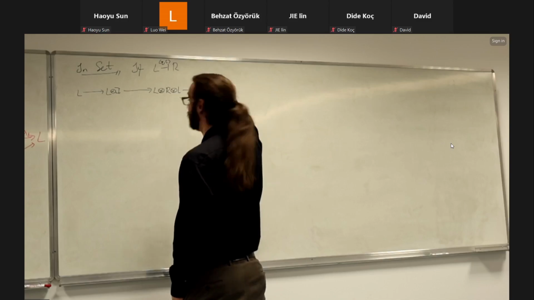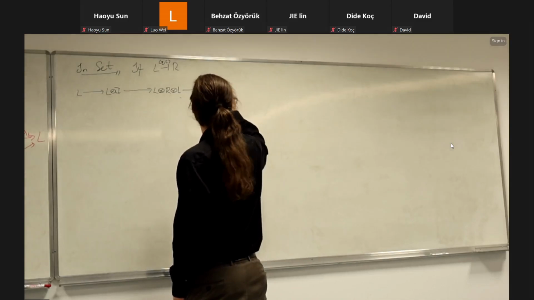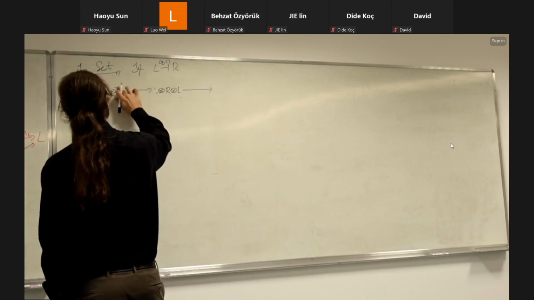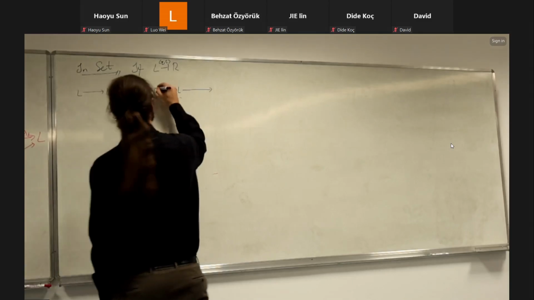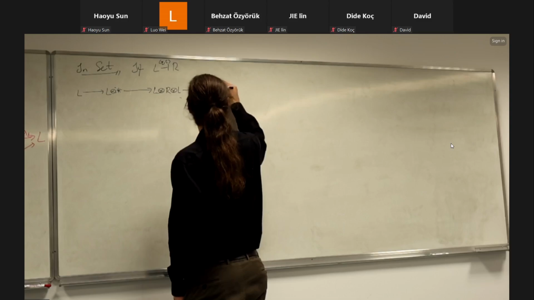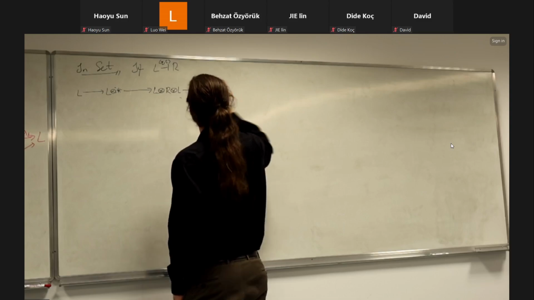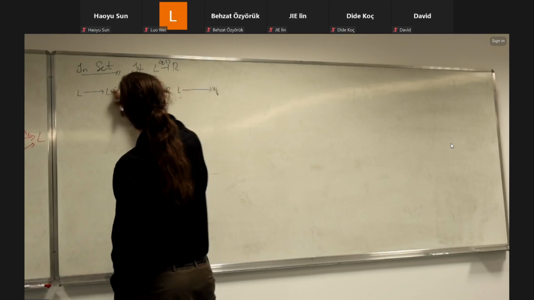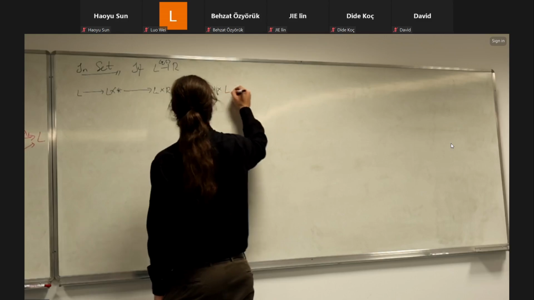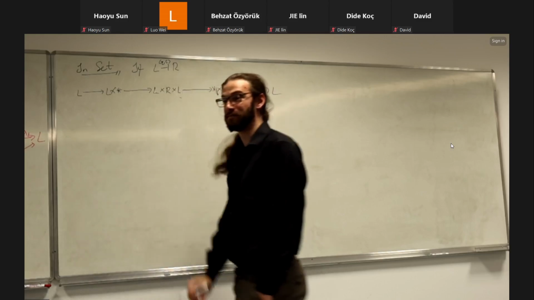This should not be I, this should be asterisk now. L to asterisk times, sorry, little too overeager, times L to L.